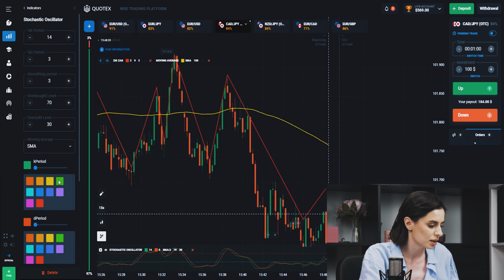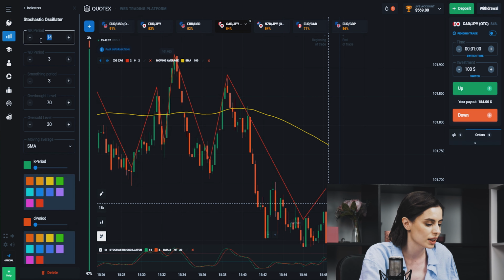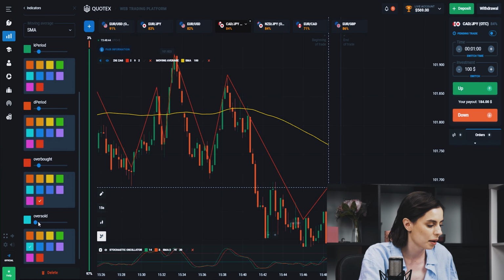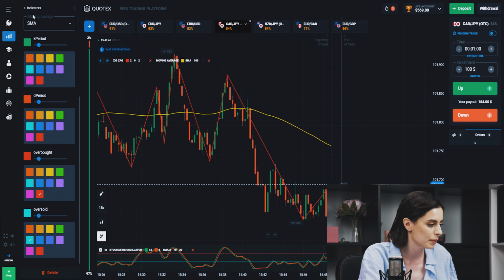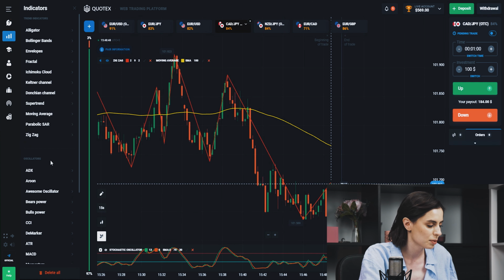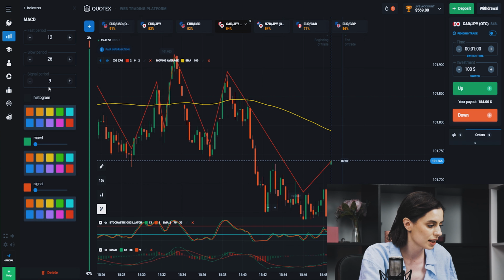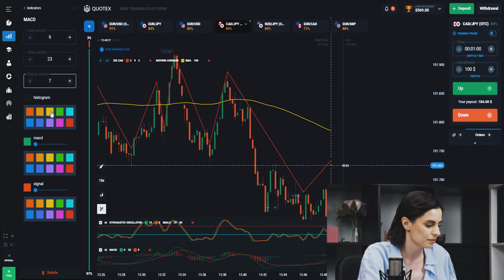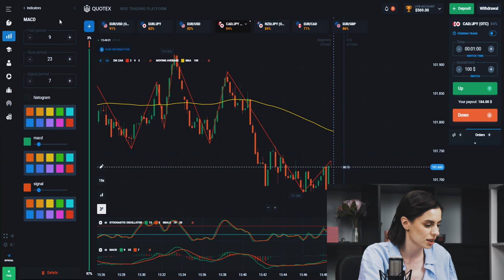The third one is going to be the stochastic oscillator. For me, these indicators below the chart are actually the most important ones, and I'm paying attention mostly to them. The last but not the least is going to be MACD, and let's change the settings, thickness, colors, and that's it.